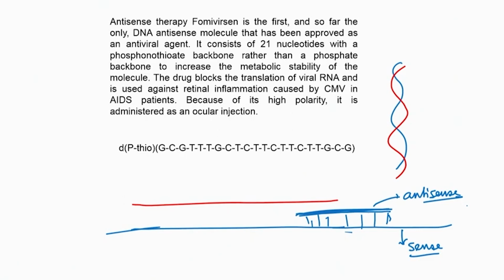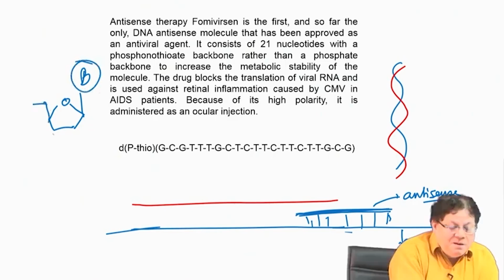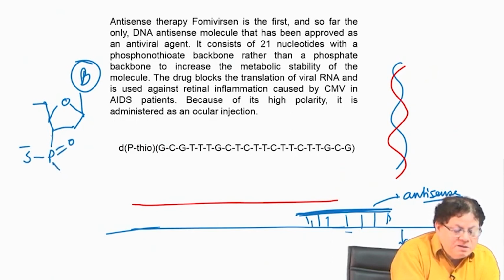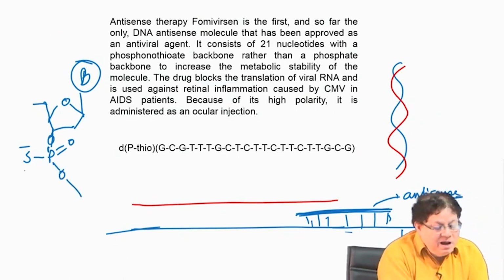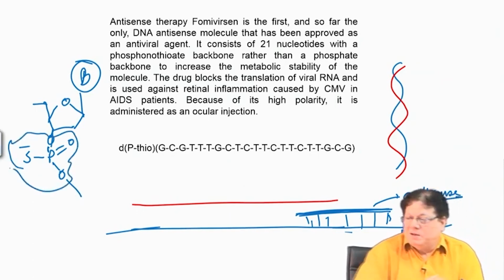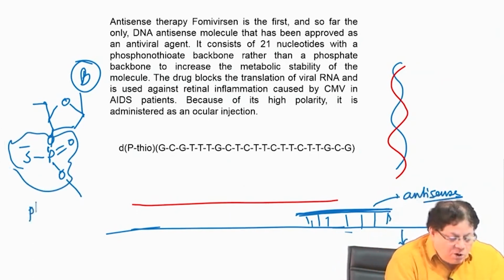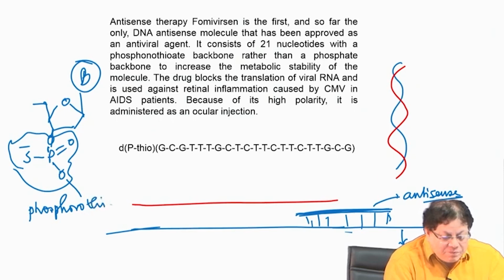So, what people did, very interestingly, they took the normal bases, because the sequence has to be complementary, but instead of phosphate, there is an O here, this O. Instead of phosphate, they have a thiophosphate, also called phosphorothioate linkage.